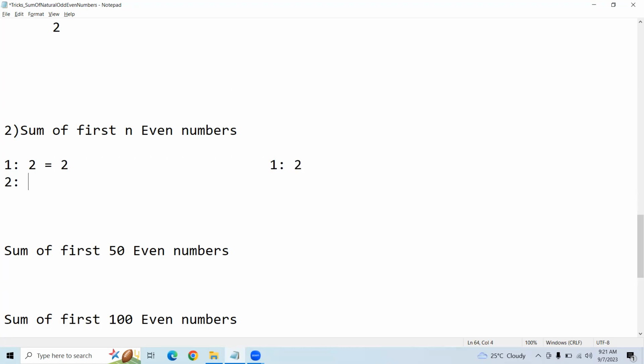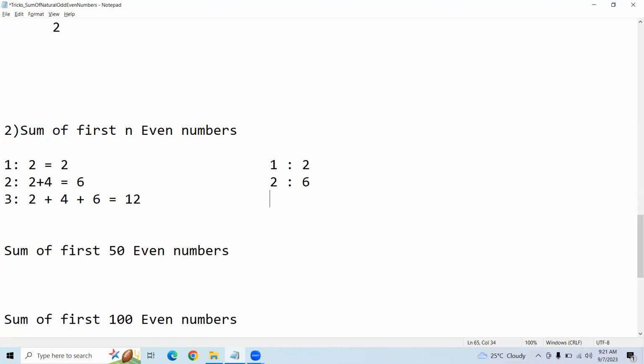For two even numbers, what will happen? 2 plus 4, 6. So can we say that for two even numbers, our sum is 6? Yeah. Now we'll go for three even numbers. What is the third even number? 2 plus 4 is first and second. And then we got the third even number 6. 2 4 6, 6 plus 6, 12.